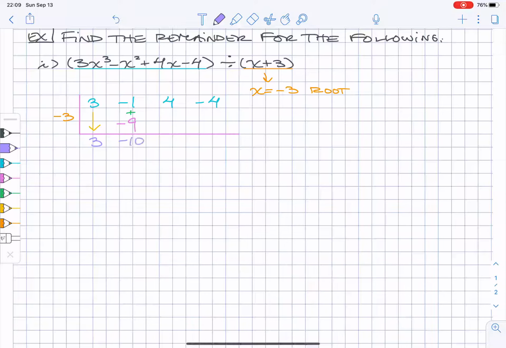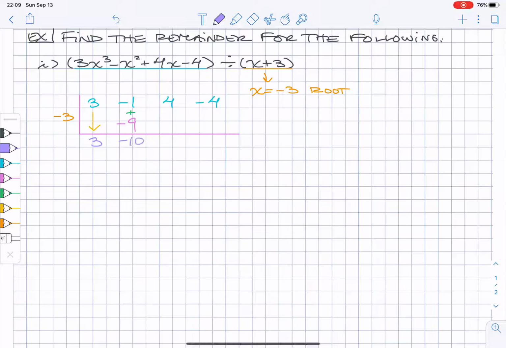I'm going to add these together, and what we get then is negative 26. 3 times 20 would be 60, 3 times 6 is 18, so I claim that that's 78. Let's add these together, and I get a remainder of 74. And let's see if that's true, see if I did my math correctly.